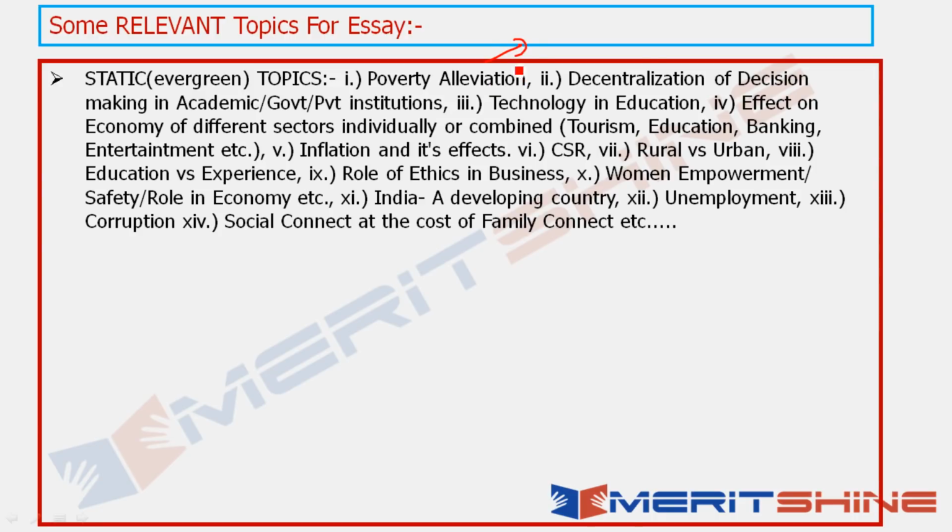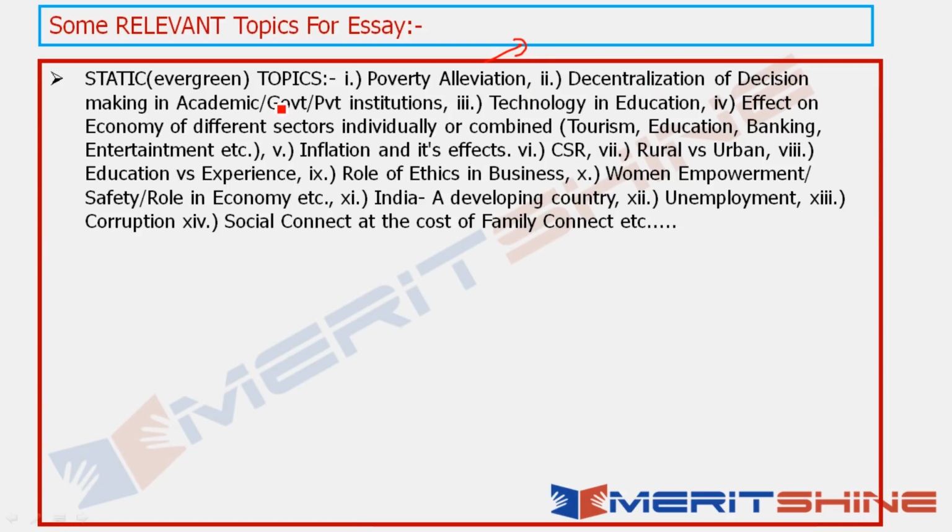If you remember data, you can quote it, but it is not necessary at all. You can just speak in general terms about the pros of the poverty alleviation programs that have been there. In general terms, you can say the cons of the poverty alleviation programs that have come over the course of these last few decades. Poverty alleviation, how to do it, what to do, in general terms you can talk about.